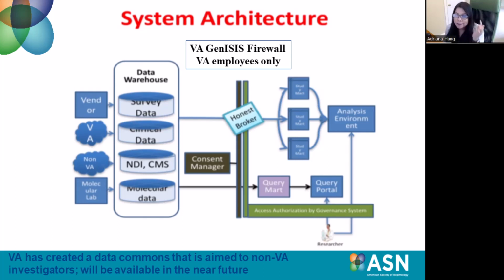So hopefully it'll be open to non-VA investigators soon. I know there's already 12 funded projects inside the space, and they're testing its performance to understand the limitations, how friendly it is to use, and really if the data was enough to complete the different hypotheses that were included in those 12 projects. So that's something to look for in the future.